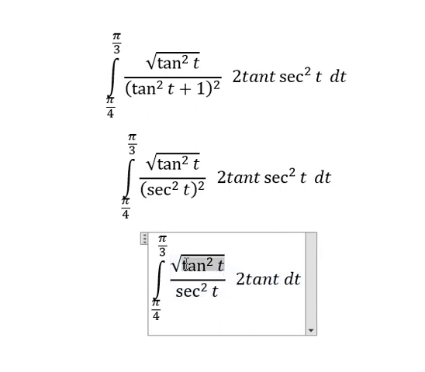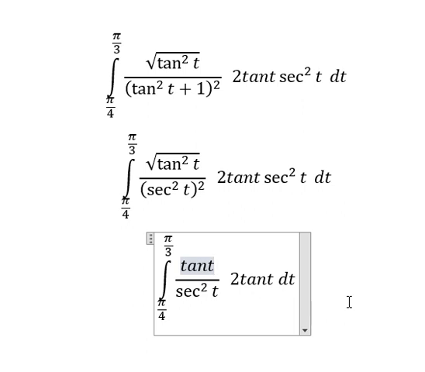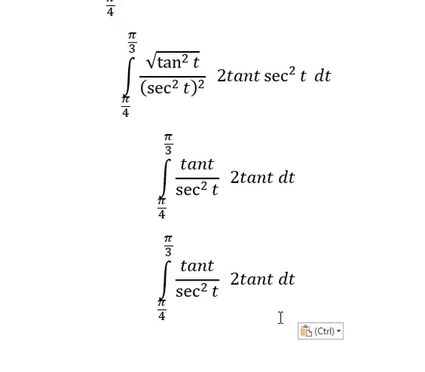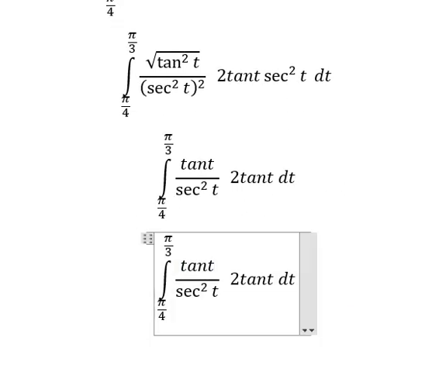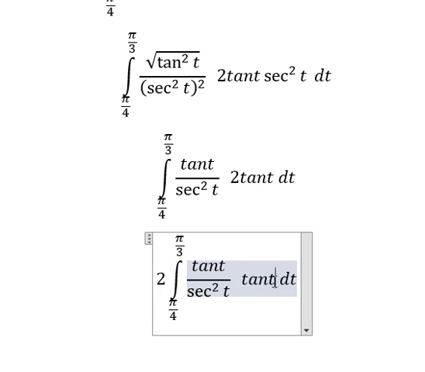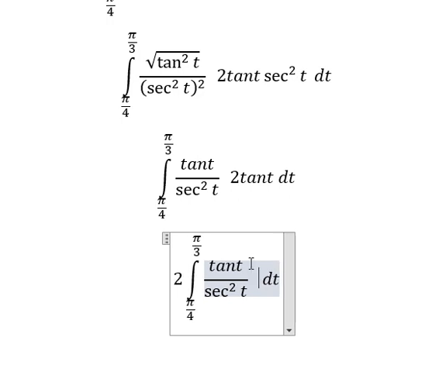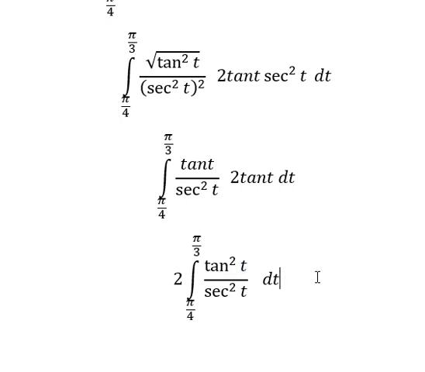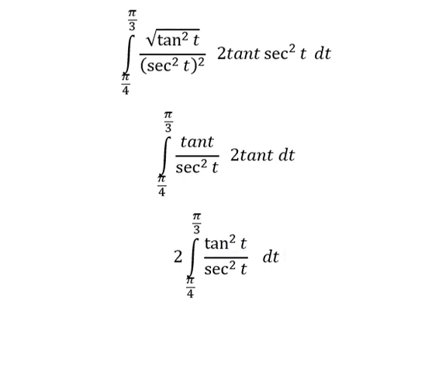This one, you got tan t. So number 2, I will put outside tan t, we have tan t square. Now we have the formula in here.